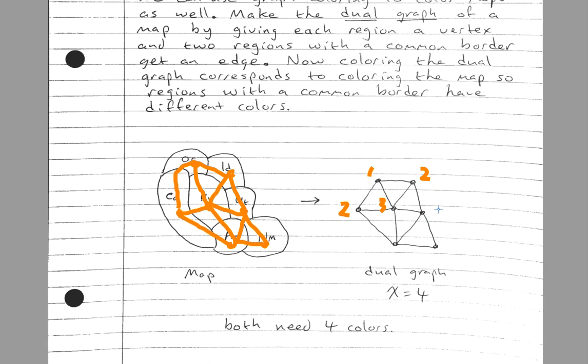This has to be 1. But now Arizona is connected to these 3 different colors, so I need a 4th color. And then this could be 2 or 3. So there's no way to color this with 3 colors. You need 4 colors. So the chromatic number here is 4.